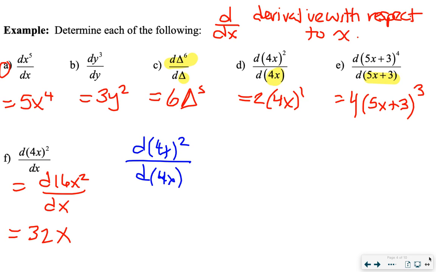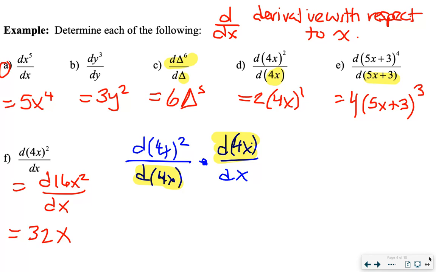But we know we want to have the dx on the bottom. So what if I multiply that by the derivative of 4x with respect to x? You can see how the d4x's would both cancel out.